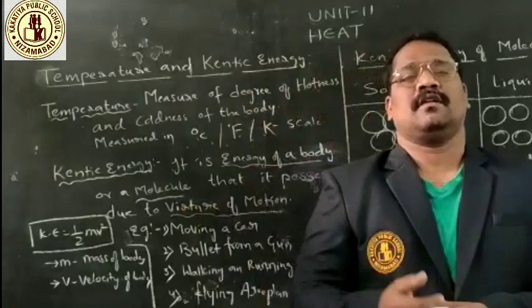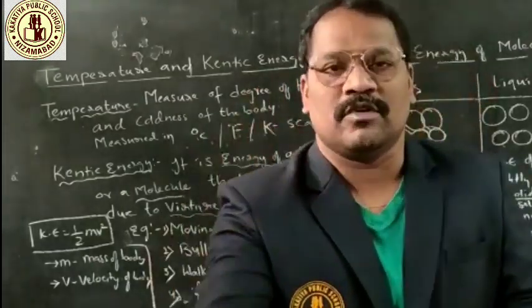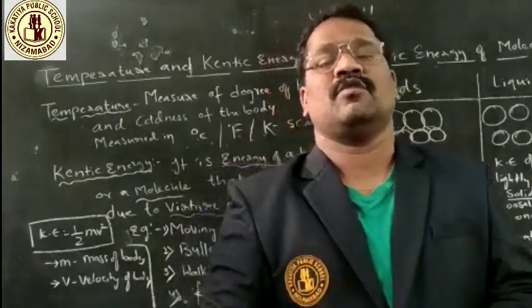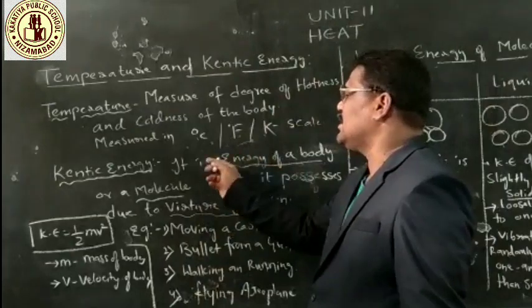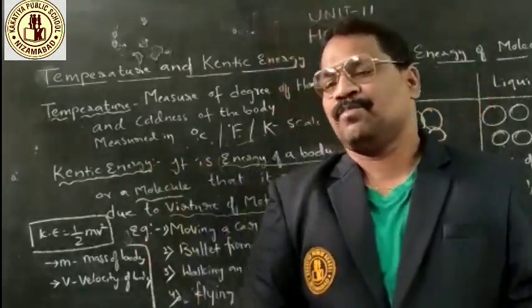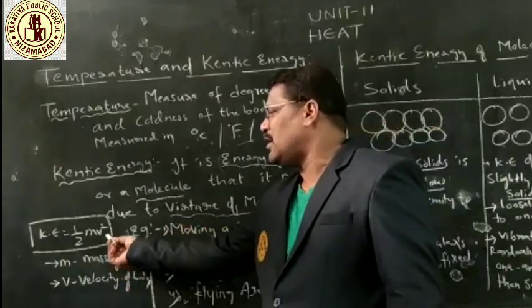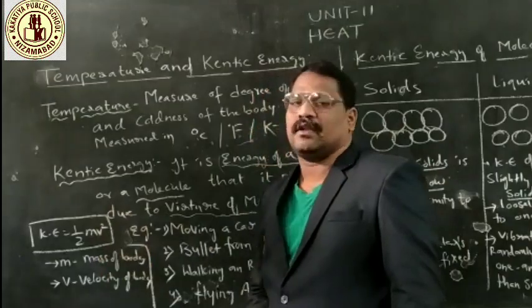If a body or a molecule is in motion, the energy it possesses depending upon that motion is called kinetic energy. Now coming to the kinetic energy formula, kinetic energy is equal to half mv square.